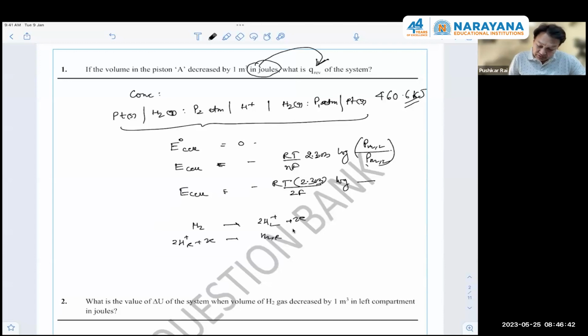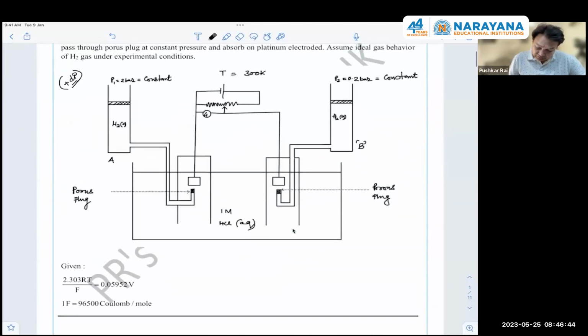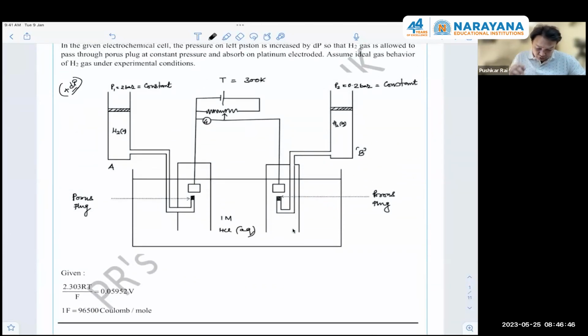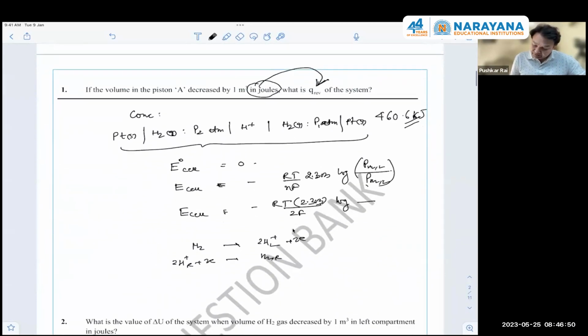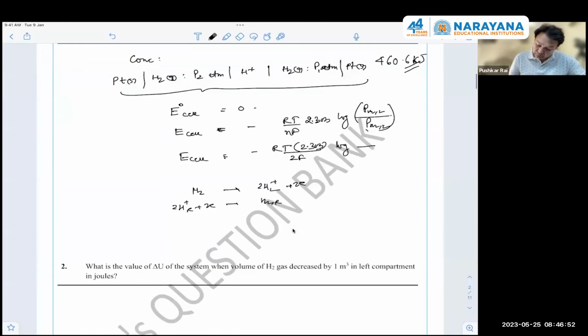I believe that it was 2 bar and 0.2 bar. So pressure in the left hand is 0.2, and this is by 20. So that is coming out to be how much? 2 by 20.